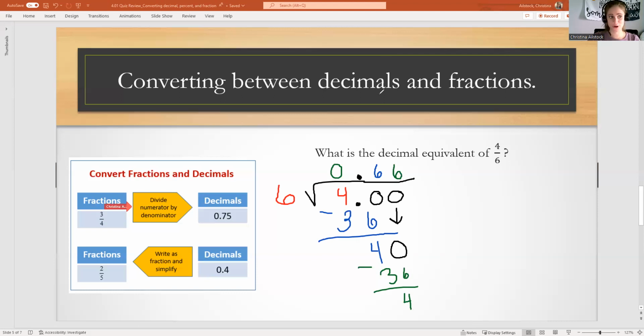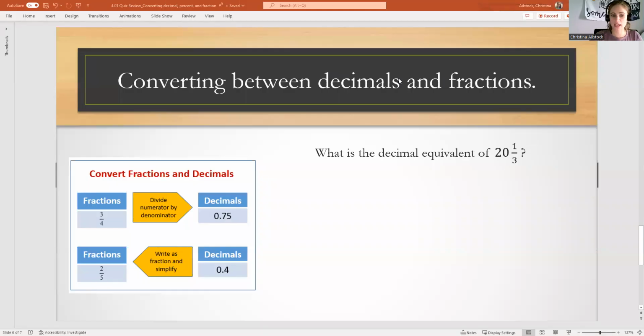I think we've discovered a pattern. We've discovered a repeating decimal because we continue to get 40 over and over and over again. Once you recognize that pattern, you are allowed to stop. And then remember, the best way to write repeating decimals is to use that line on top to show that the 6 continues to repeat and goes on forever and ever.